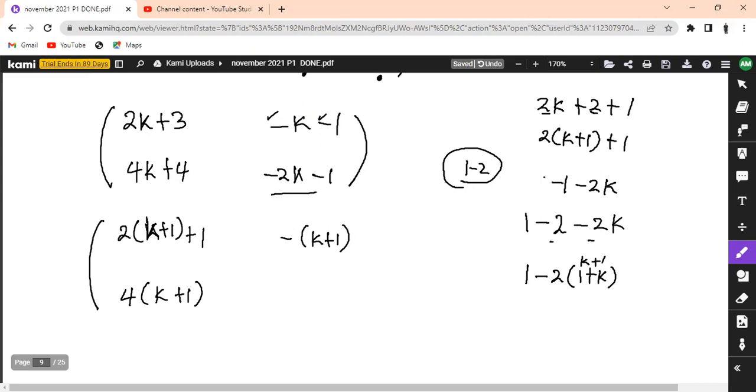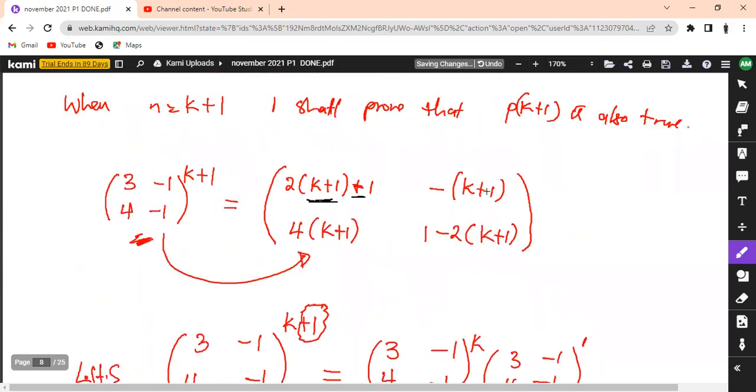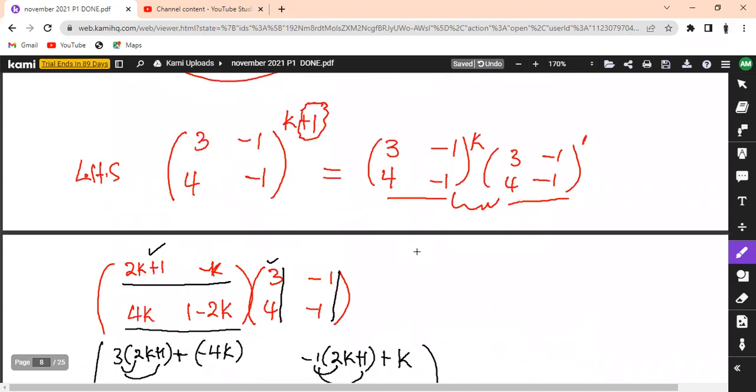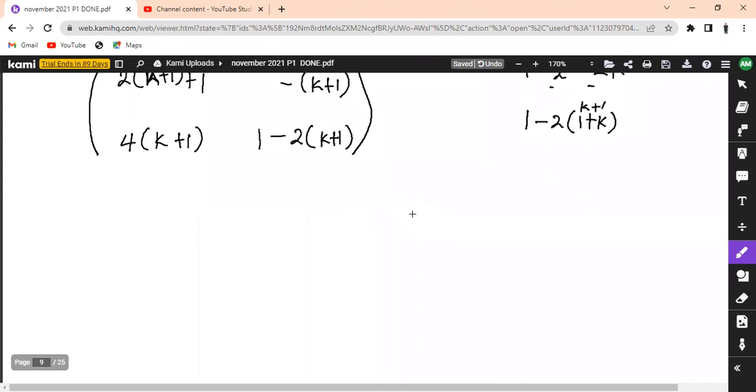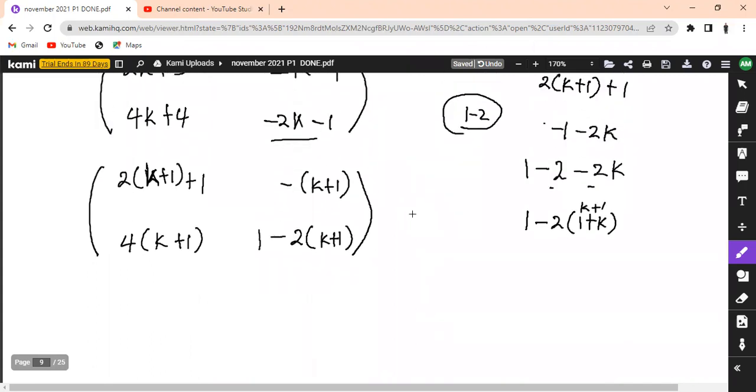So it means this part here is actually the same as 1 minus 2 into k plus 1, which is actually true. And we are going to see that that's the same thing that we had here, which is what? Which is true in this case. And we are saying this part is actually true, okay, which is true.